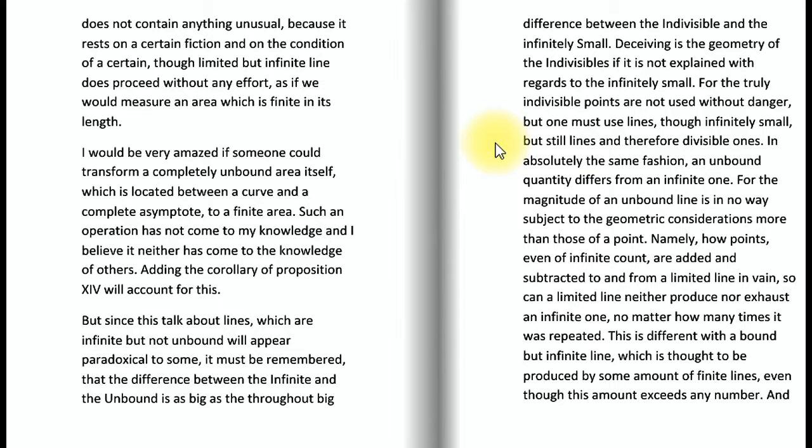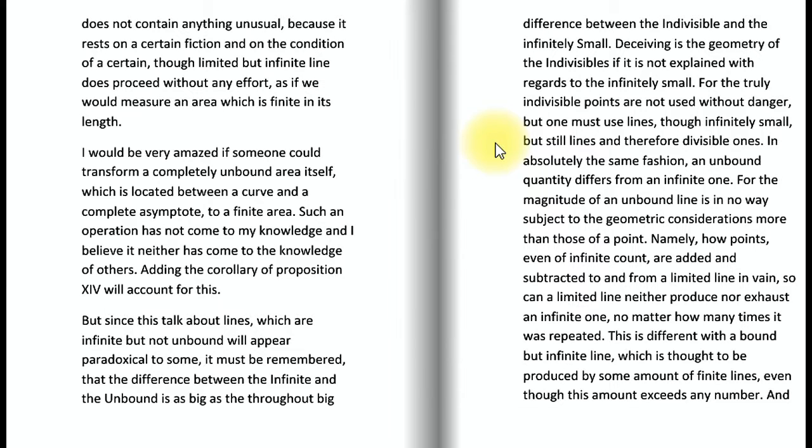Deceiving is the geometry of the indivisibles if it is not explained with regards to the infinitely small, for the truly indivisible points are not used without danger, but one must use lines, though infinitely small, but still lines, and therefore divisible ones.